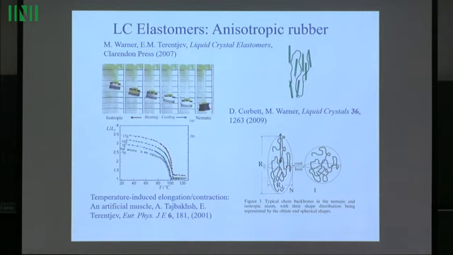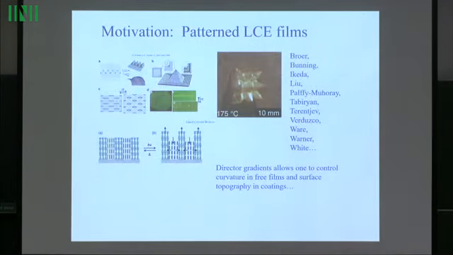It almost goes into a sphere, or if you actually reach the isotropic state, it will be a sphere. And this explains why you have shrinkage when you heat the material and elongation when you cool it. So that was about the basics of elastomers.